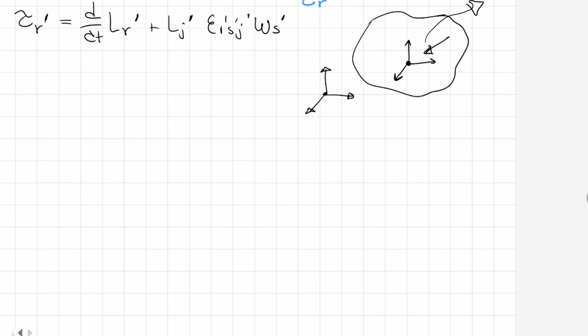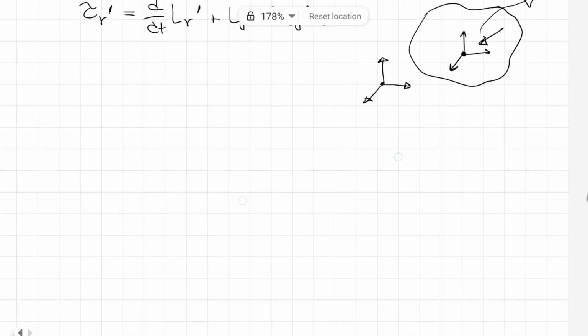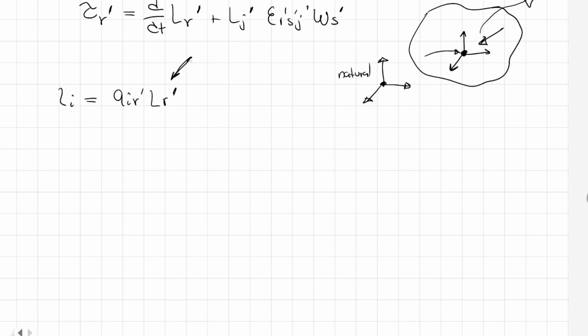It doesn't move with the rigid body. So there was an equation that relates the angular momentum measured with respect to this coordinate system in terms of the angular momentum measured with respect to this coordinate system. And that equation was very easy. It was that the ith component of the angular momentum in the natural coordinate system is equal to a_ir prime L_r prime, where of course these are the components of the angular momentum with respect to the fixed coordinate system.